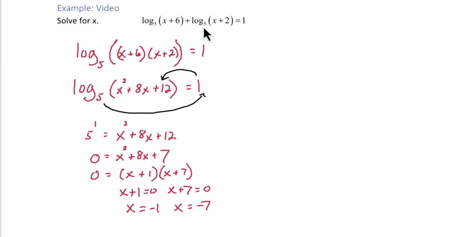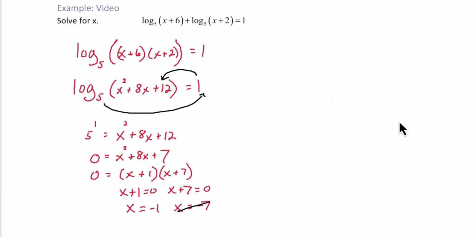Then we have log base 5 of, again, plug in -1, we get log of 1. That's okay. But if we plug in -7 for x, the argument on this log becomes negative. Right away, we can see that that's going to be extraneous. So we know -7 is extraneous.